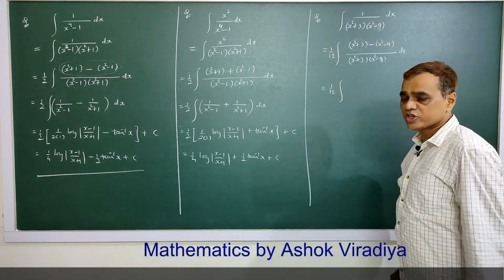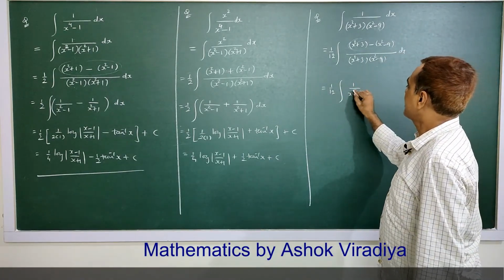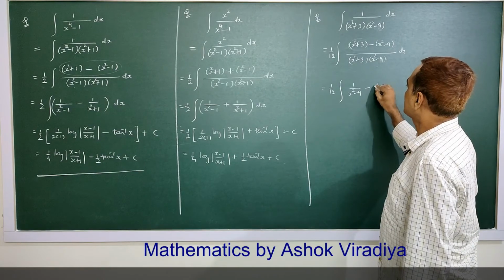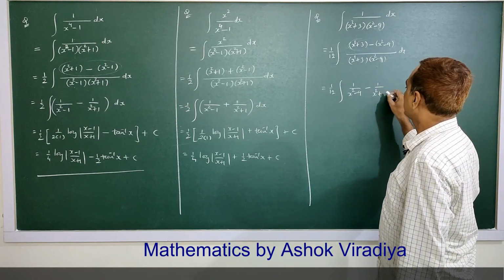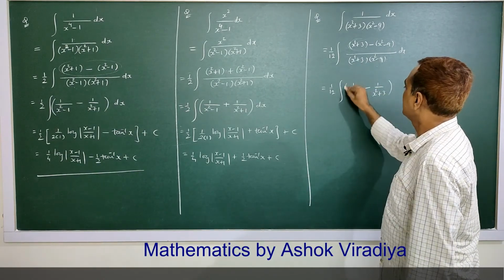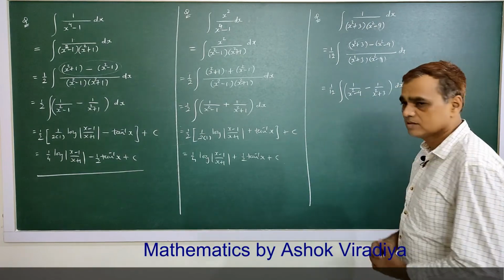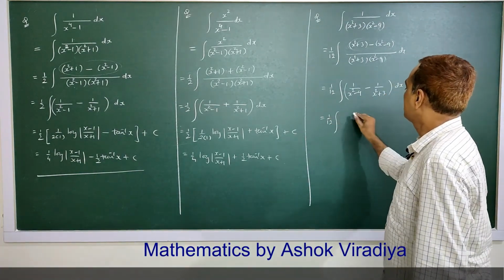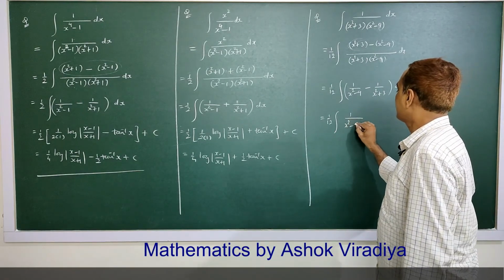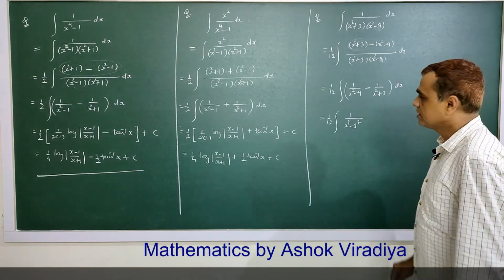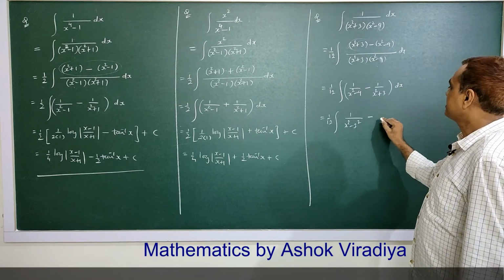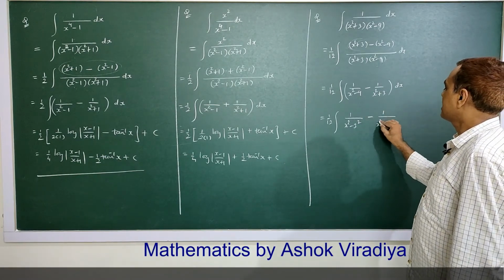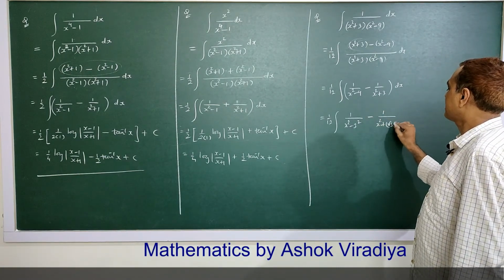Now dividing individually, 1 upon x square minus 9 minus 1 upon x square plus 3 dx. So this is 1 upon 12 times 1 upon x square minus a square dx minus 1 upon x square plus a square.